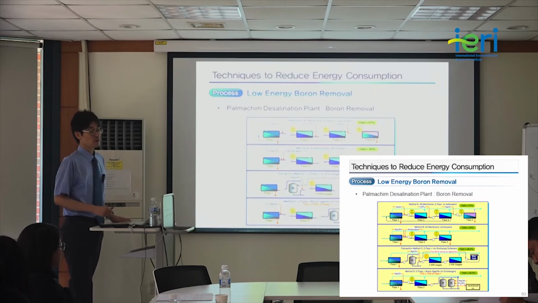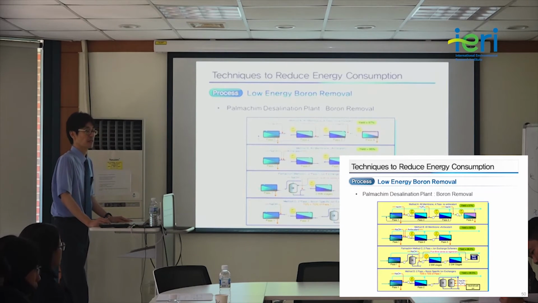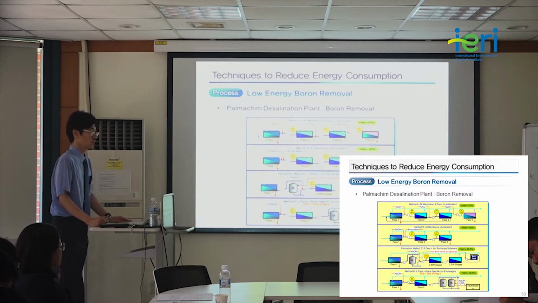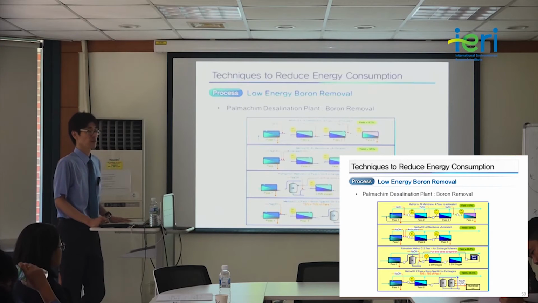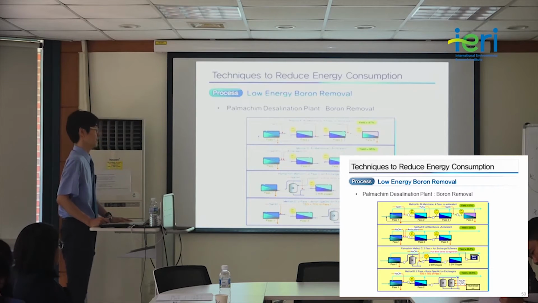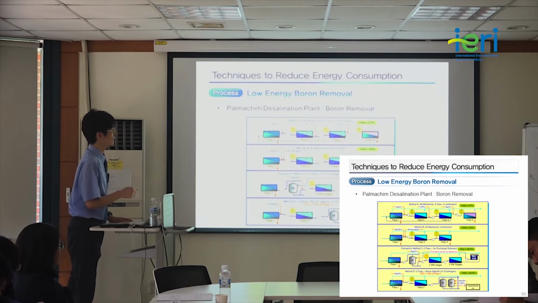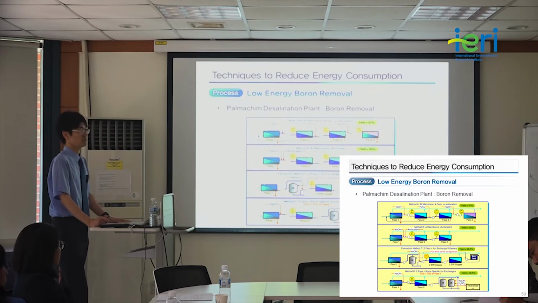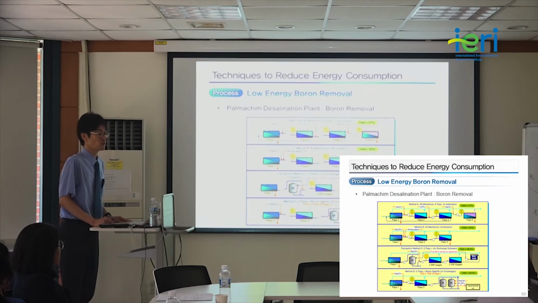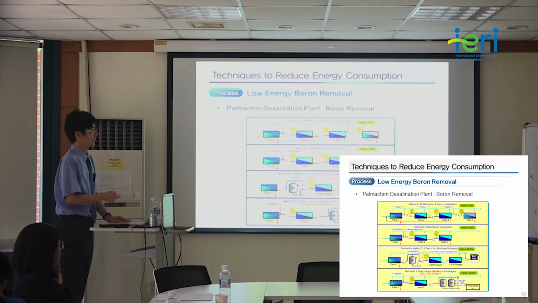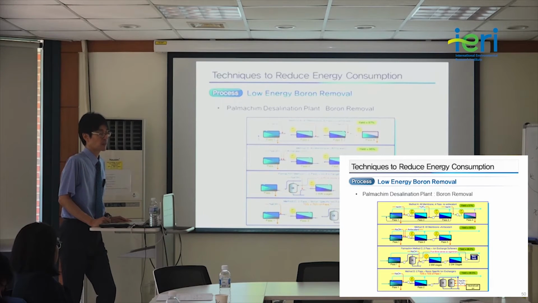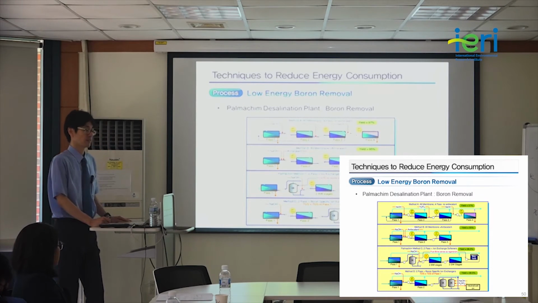So in order to reduce the energy consumption of this second stage system, there are a couple of different variations to remove boron without spending a substantial amount of energy. For example, by using ion exchange resin, which is specific to boron removal, we can remove boron without increasing the specific energy consumption. Of course, the problem is if you use ion exchange, you have to frequently regenerate the ion exchange resin.